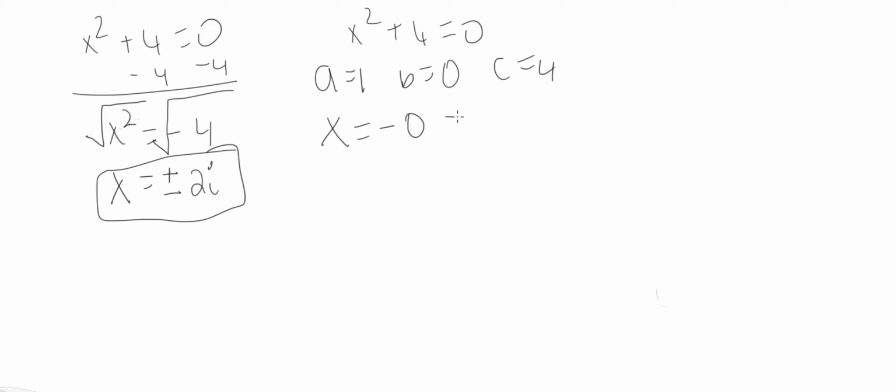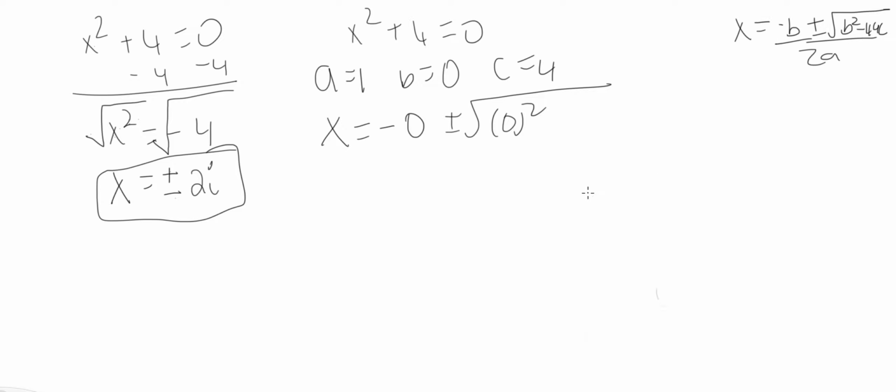So negative 0 plus or minus the square root of b squared, remember the quadratic formula, minus 4ac all over 2a. So b squared minus 4 times a times c, all over 2 times your a.